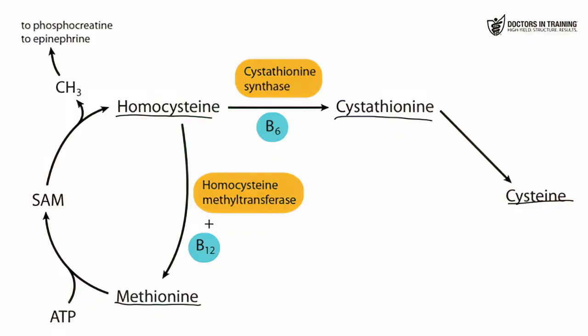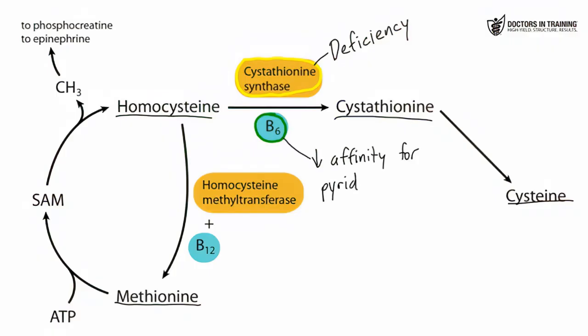Now, the conversion of homocysteine to cystathionine requires the enzyme cystathionine synthase, and that requires cofactor B6. So, homocystinuria can be caused by a deficiency of cystathionine synthase or by a decreased affinity of that cystathionine synthase for that pyridoxal phosphate, that B6 cofactor.